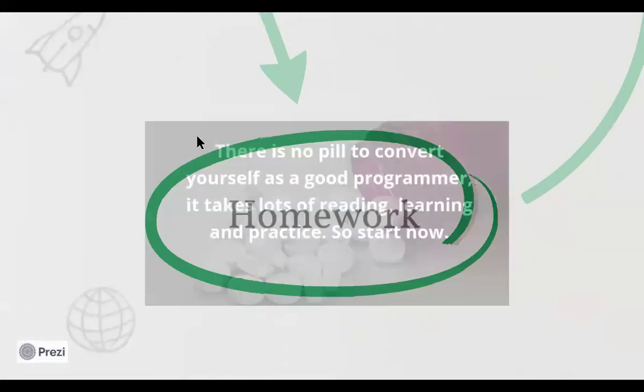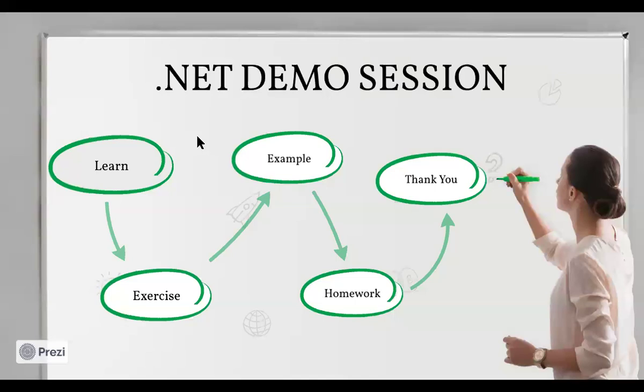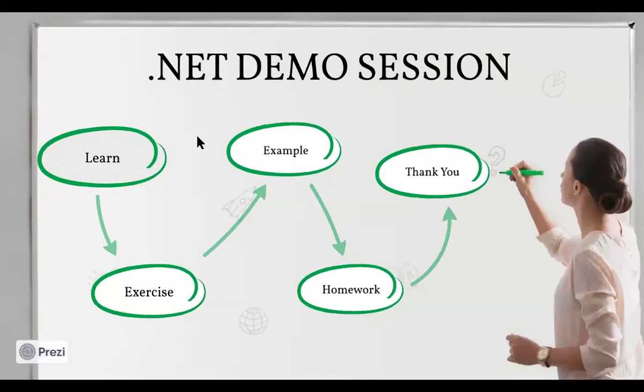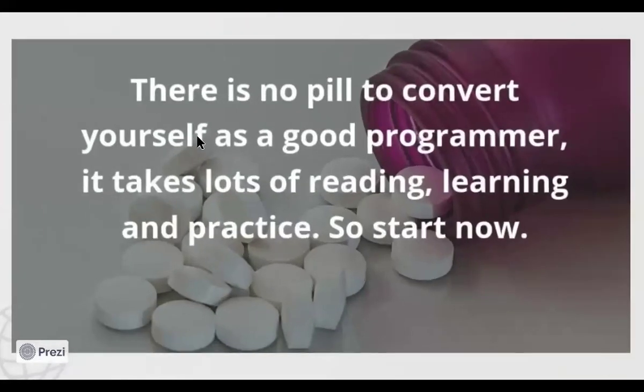Now the next slide is about the homework. What is the homework for you? You need to practice and read a lot of things. Unless you practice and read the .NET related stuff, you won't be a good programmer. There is no pill to convert yourself into a good programmer.